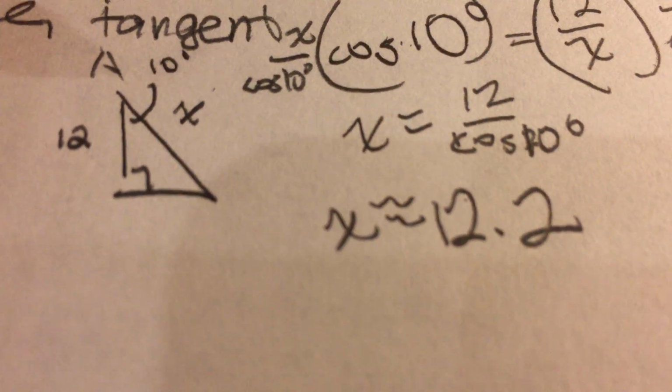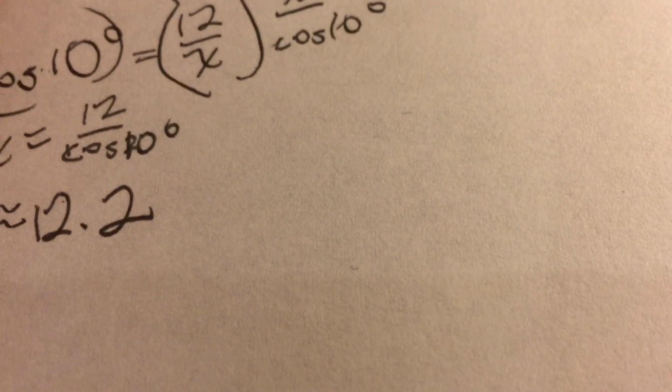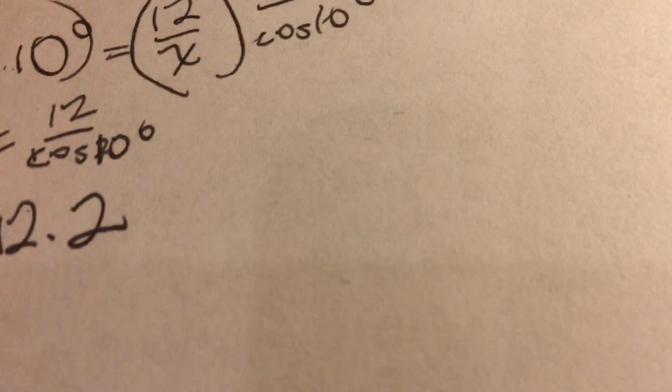And then, say we use this one, right? Except now we know that this is 12.2, but we're looking for this angle. It's not going to be completely accurate, but what we use, give you some time to think about that. Yeah, sine.